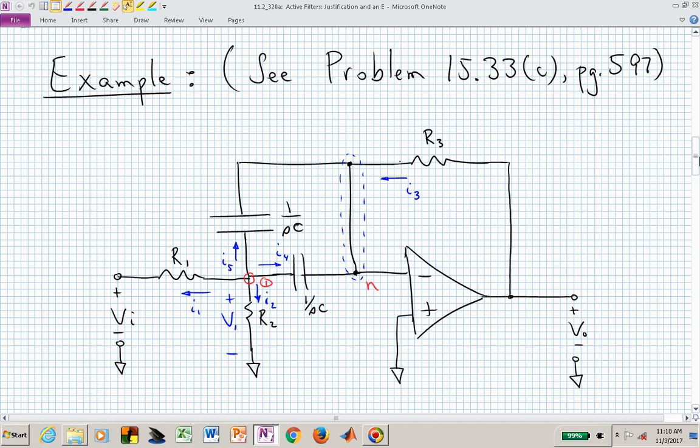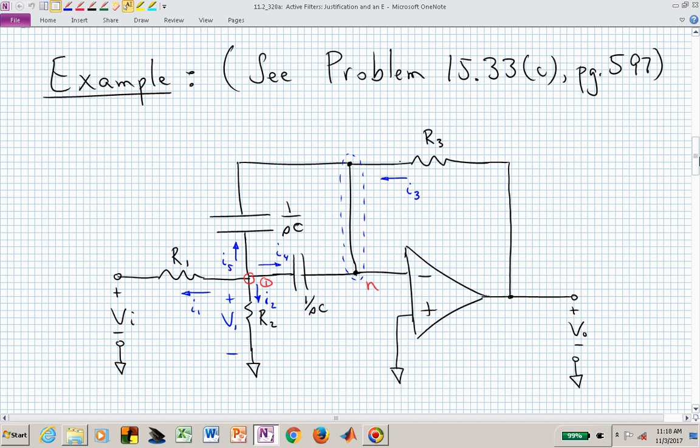We have a couple of capacitors. We have 3 resistors. I've put a lot of different lines on this, but hopefully those will help guide the discussion when I'm talking about currents flowing in particular directions or in particular wires of this circuit.